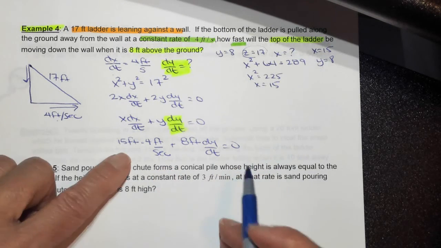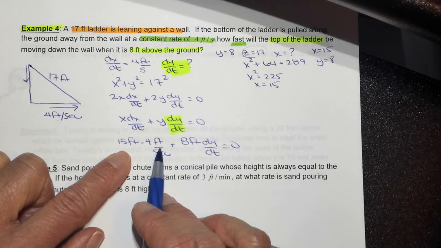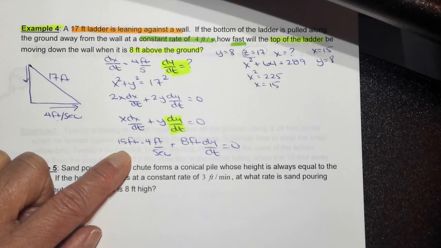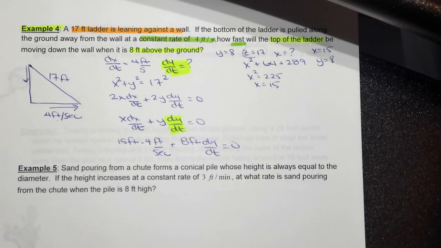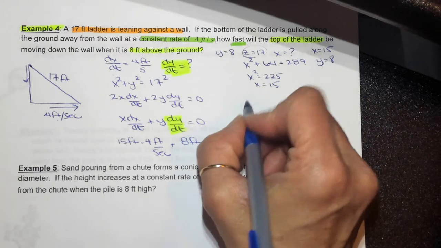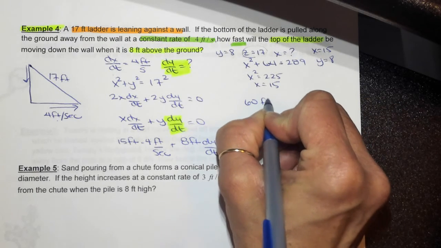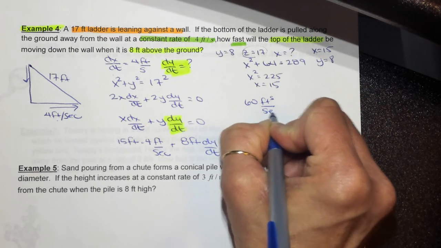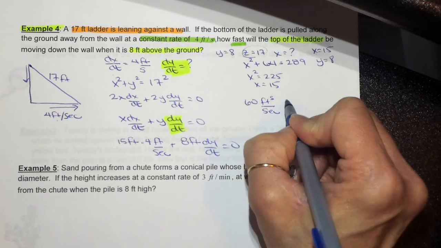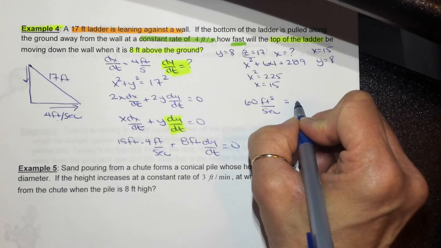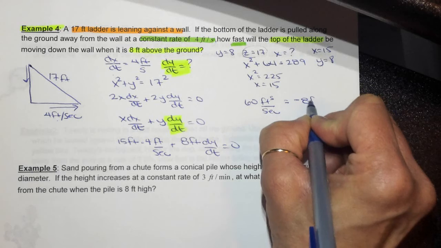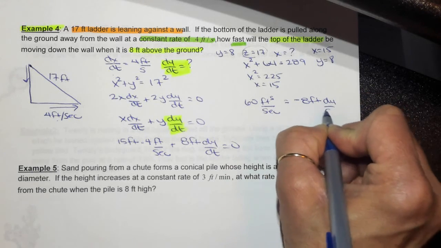Okay, so let's multiply everything out here. So when I do that, I've got 15 times 4 is 60, so I have 60 square feet per second. I'm going to move this over here, is equal to -8 feet dy/dt.